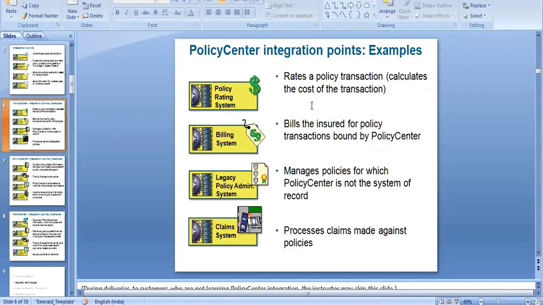Those factors we provide as input to the rating system, and it calculates the premium amount and sends it back in the response. In real-time, in most US projects, Guidewire doesn't calculate the premium amount. It's the rating system which calculates the premium.